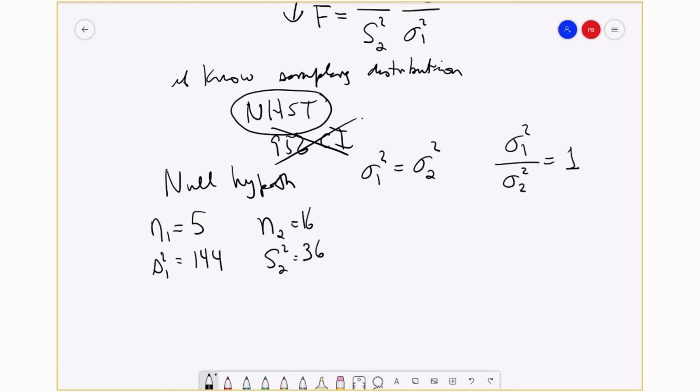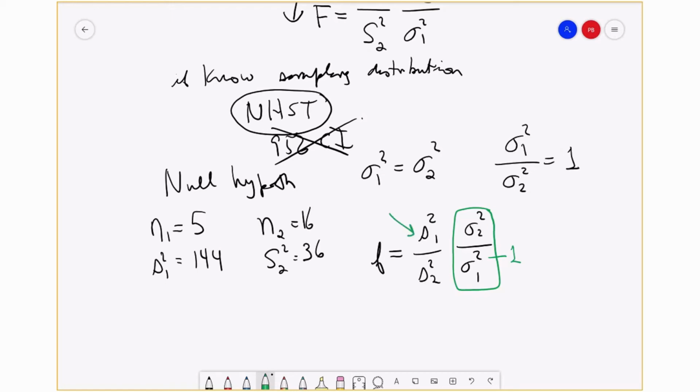So then we calculate our particular value of the test statistic F, and we do that as S squared 1 over S squared 2, times sigma squared 2 over sigma squared 1. So, our null hypothesis is that these two are equal. In other words, this equals 1.